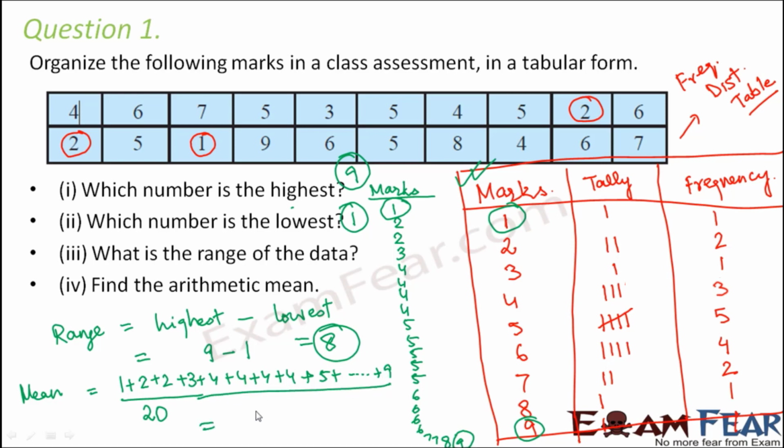When you find this sum, it comes out to be 100. So 100 divided by 20 is equal to 5. So the arithmetic mean of the marks is 5. What does that mean? If we assume that all the students in the class got equal marks, then each student got 5 marks. This is how we can organize data and calculate arithmetic mean.